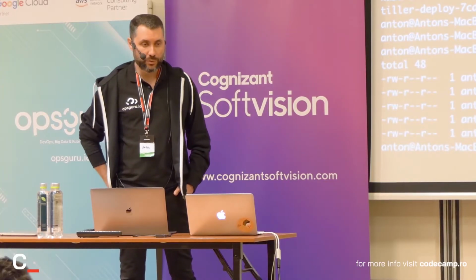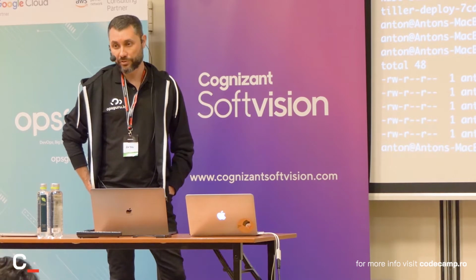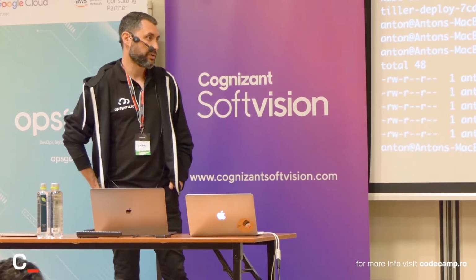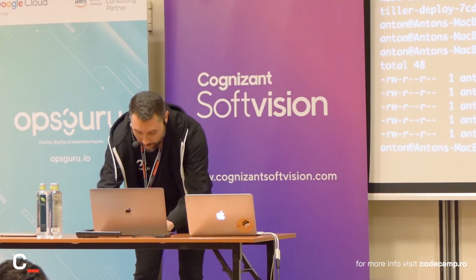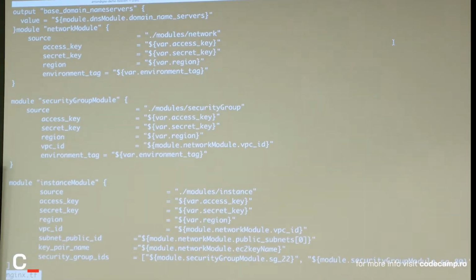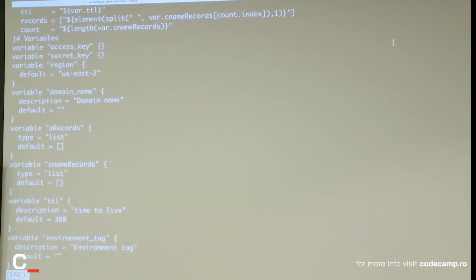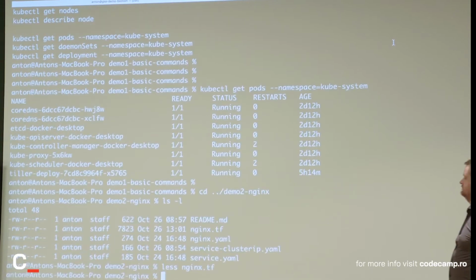So I'd like to show you the amount of code lines necessary to deploy a server in Amazon with Terraform. All this code, and it's hundreds of lines. It's a lot. It's required to run just one server.